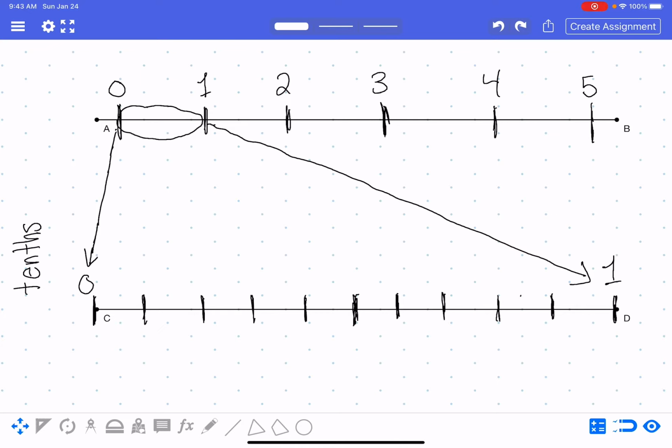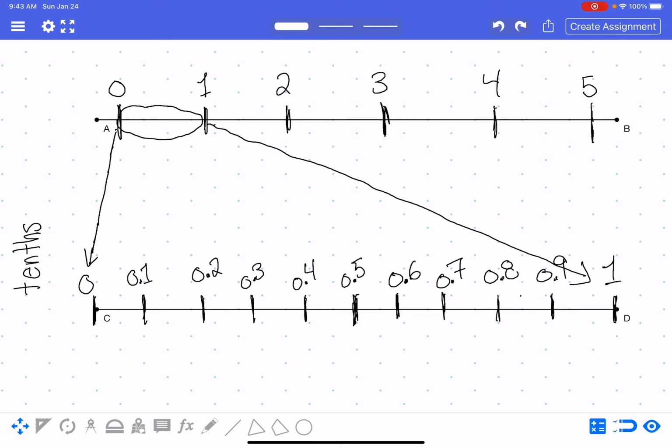Last week we learned that you can count up by tenths in between. Here's a 0.1, 0.2, 0.3, 0.4, 0.5, 0.6, 0.7, 0.8, and then 0.9.